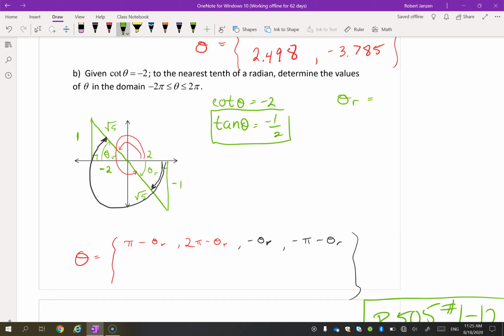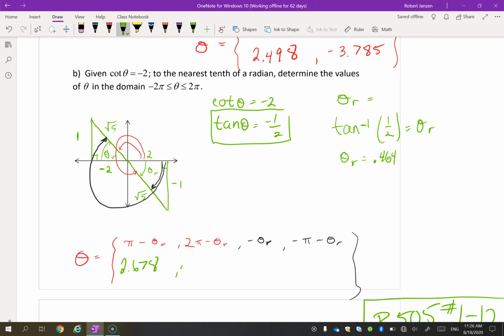So to figure out the reference angle, I'm going to go inverse tan of a half. This is going to be my reference angle. And so the reference angle is 0.464. Now putting that in for each of these, I'm going to get 2.678.